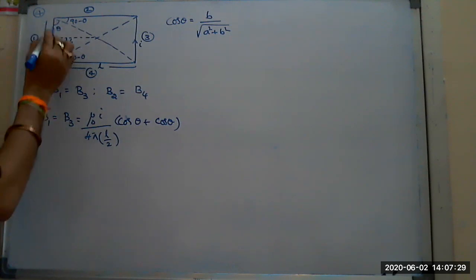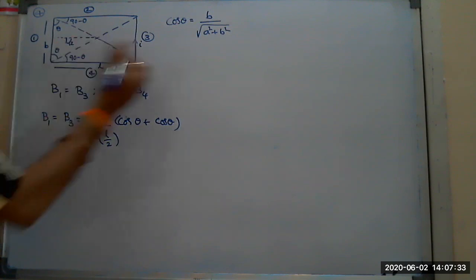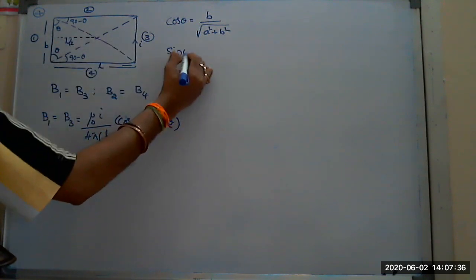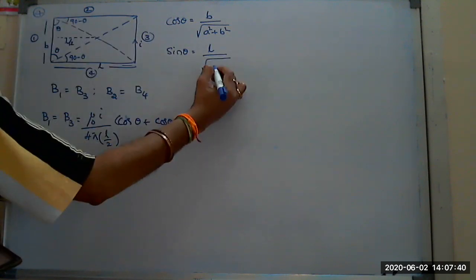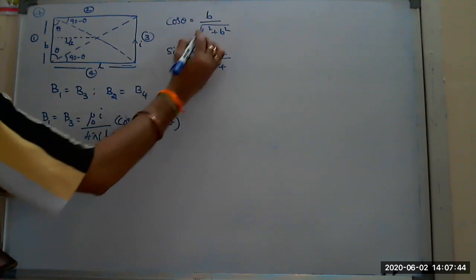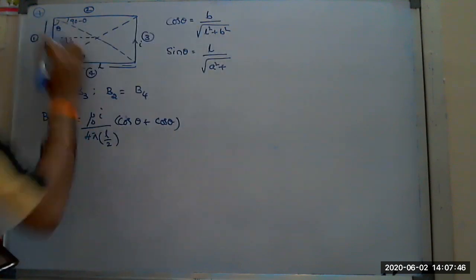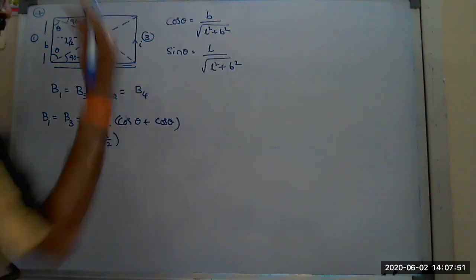Or sine theta, if you require, from this big triangle: sine theta is the opposite side L by the hypotenuse, root of L square plus B square.